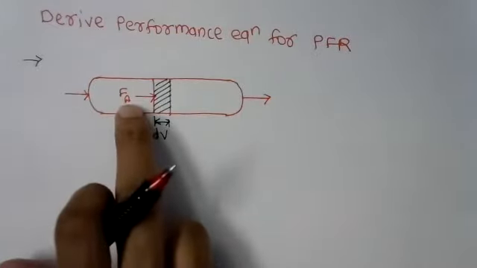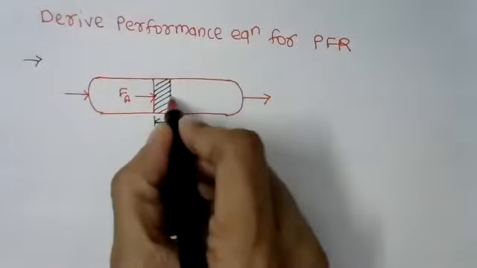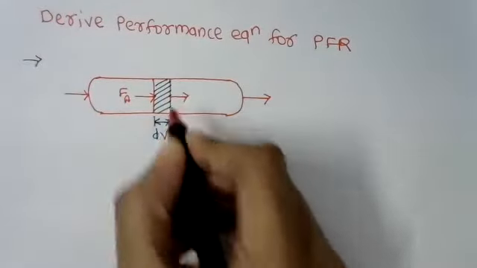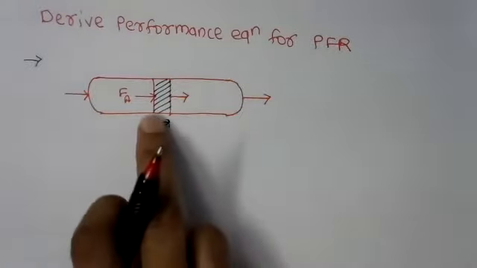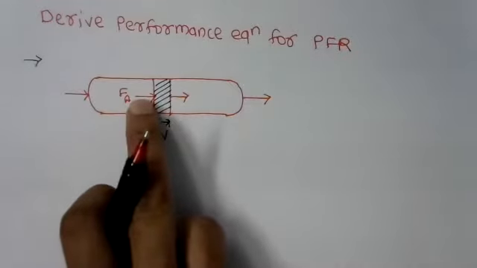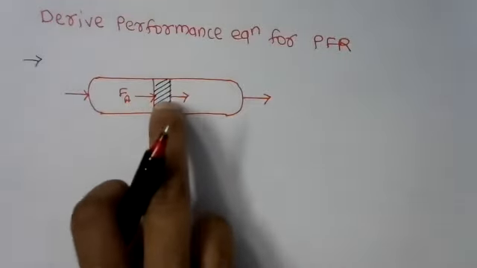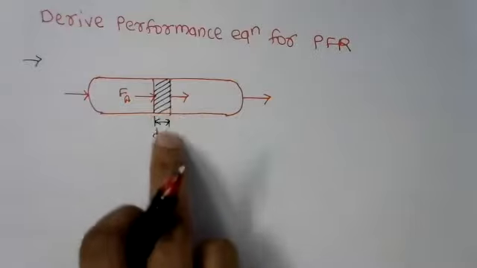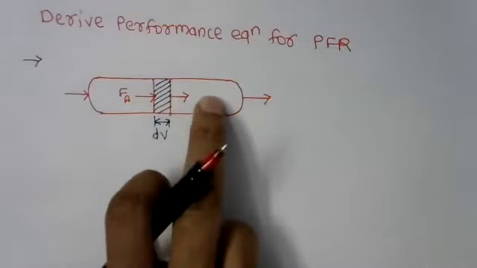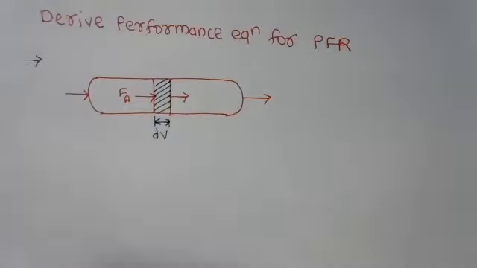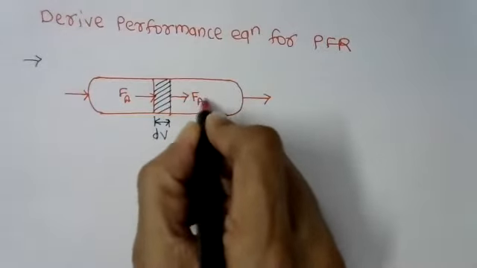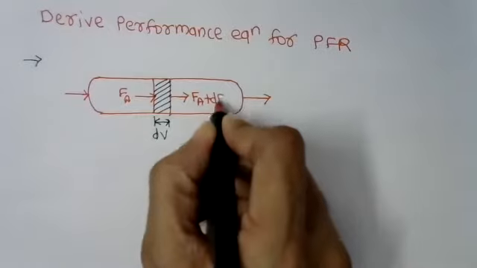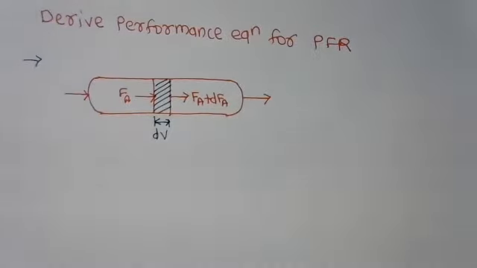It's Fa. Now there will be a change in molar flow rate when the reaction mixture leaves this fluid volume after the reaction is over. So let us consider the exit flow rate is, say, Fa plus dFA.